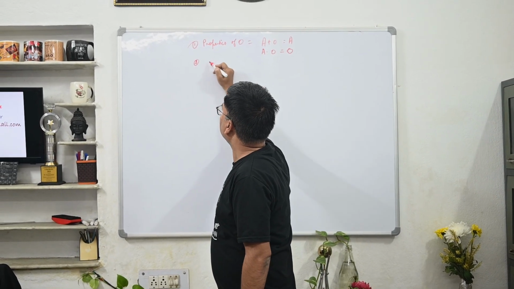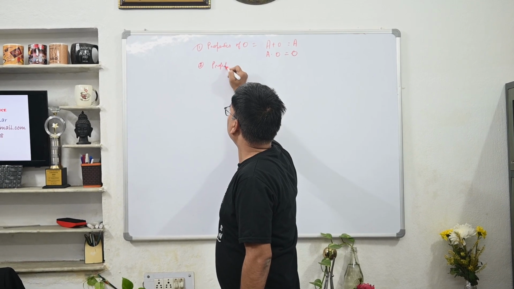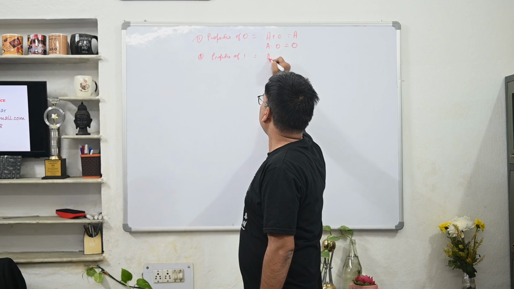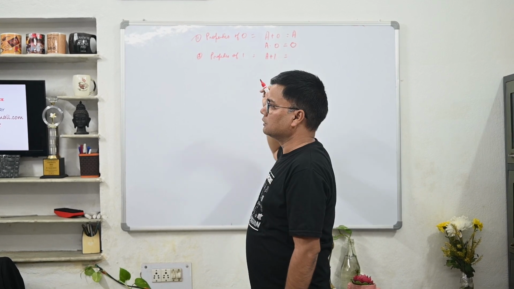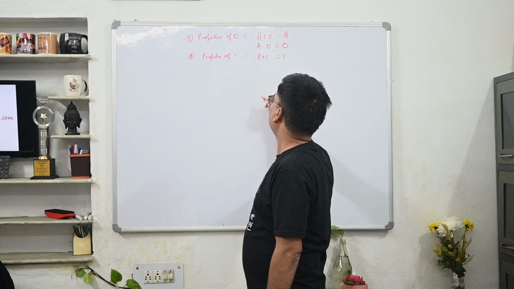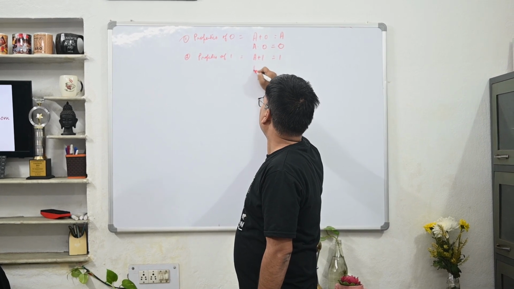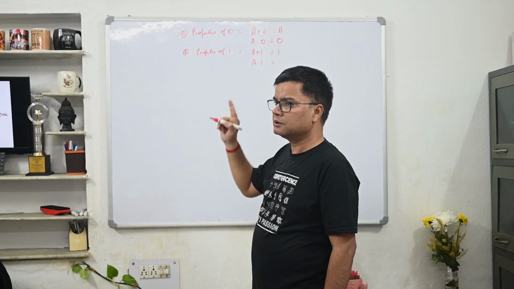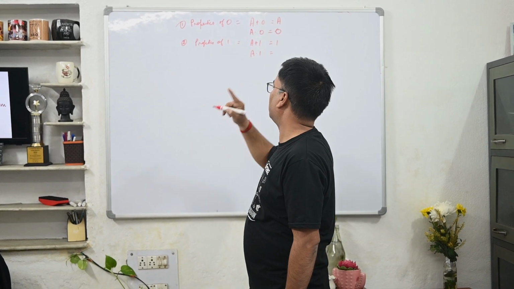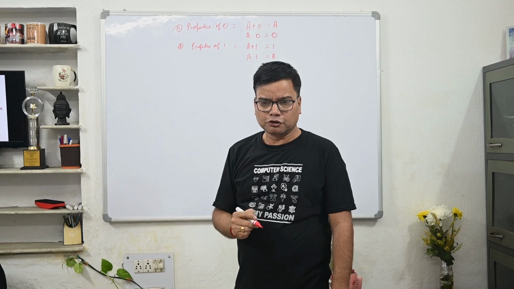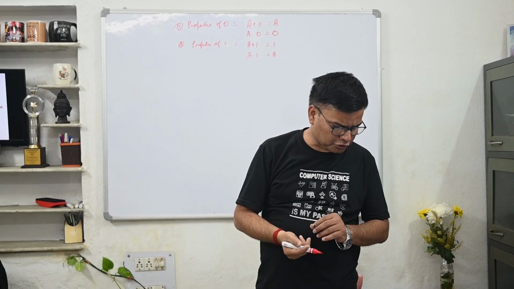Then second is properties of 1. Here A plus 1: 0 plus 1 is 1 and 1 plus 1 again is 1. And A dot 1: 0 dot 1 will be 0 and 1 dot 1 will be 1. So A dot 1 equals A. This is the second law, the laws of 1.